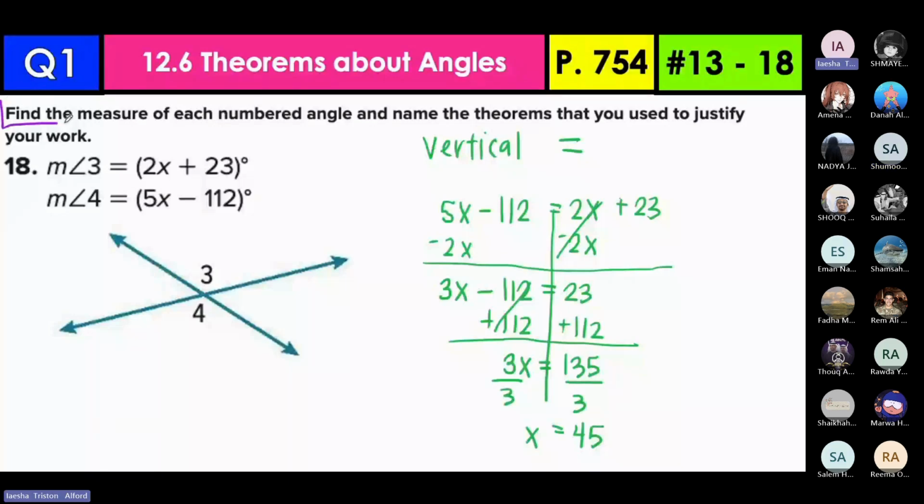How do you find the measure? 2 parentheses 45 plus 23. 2 multiplied by 45 plus 23 gives you 113 degrees.